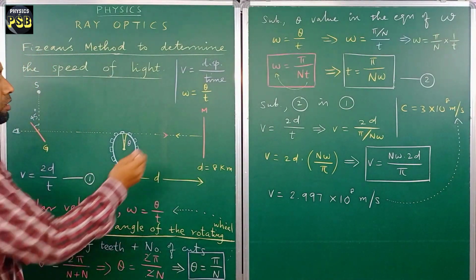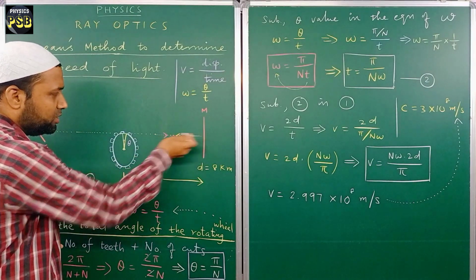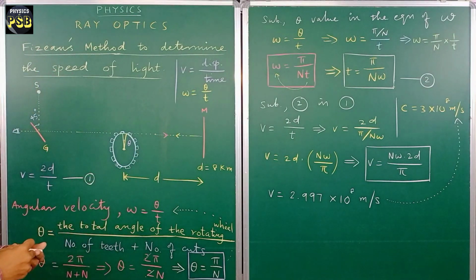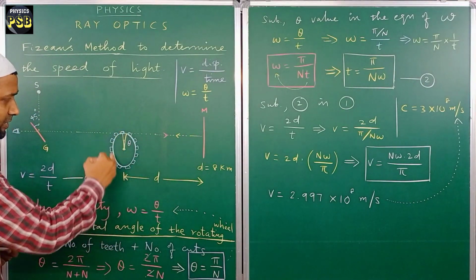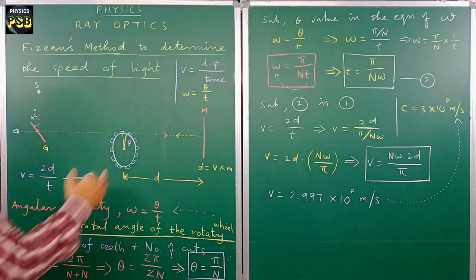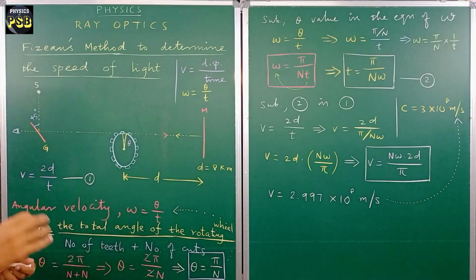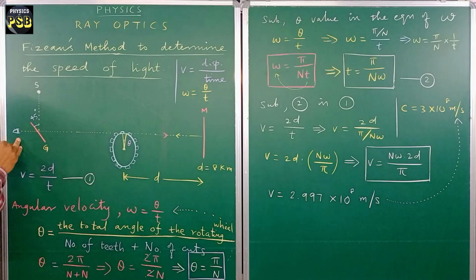Now, if the reflected ray returns after reflection and finds that this wheel is at rest, then it passes through the same cut and reaches the observer.